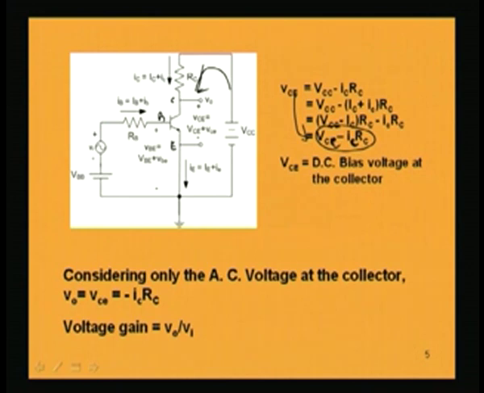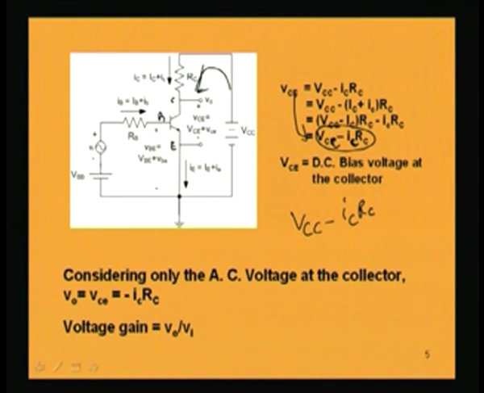but we will be considering only the AC voltage in order to discuss amplification of the transistor, and then we will be concentrating only on the AC component, and the AC component in this VCC minus ICRC is only that small ic and RC, that product which will now be used for finding out the amplification.